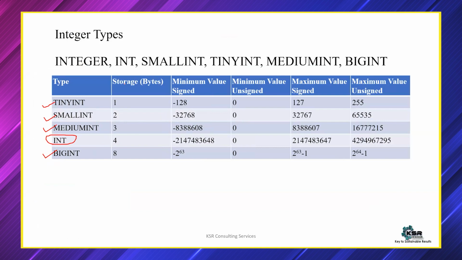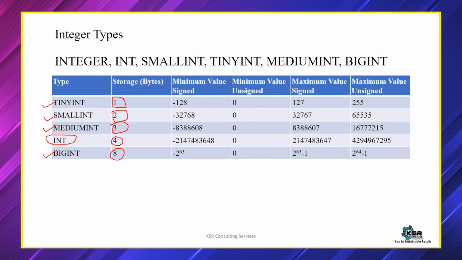Now, what is the maximum storage each can occupy? Tinyint is 1 byte, smallint is 2 bytes, mediumint is 3 bytes, integer is up to 4 bytes, and bigint is up to 8 bytes. What is the maximum number each can accommodate?